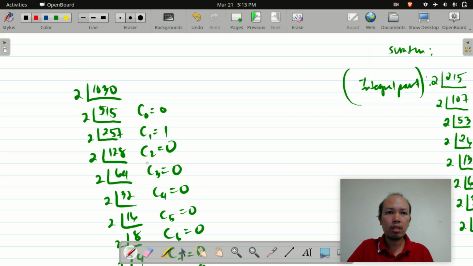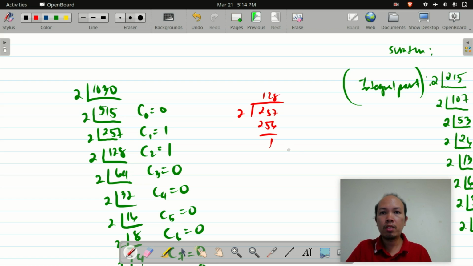This one here, this should be 1. So let's erase this one. This should be 1, because 257 divided by 2 is, let's put it somewhere here, 257 divided by 2 is 128, and this is 256.